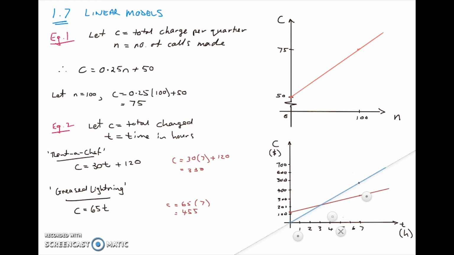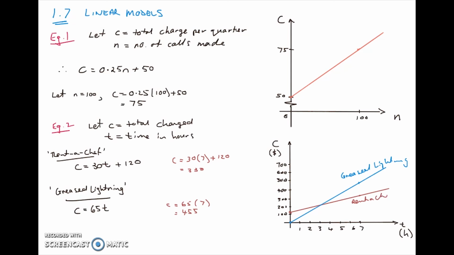Now when we look at where those two lines intersect, we can see that there's a range of hours where Grease Lightning is cheaper and a range where Rent a Chef is cheaper.